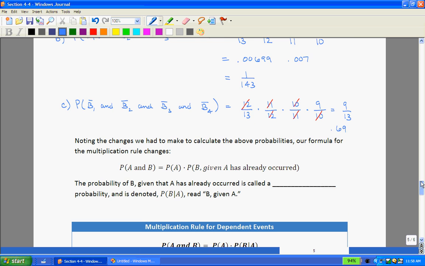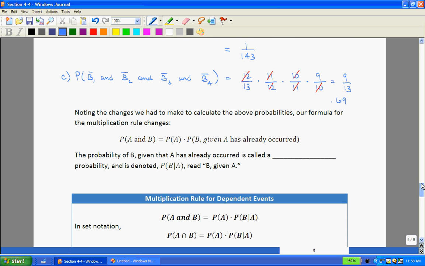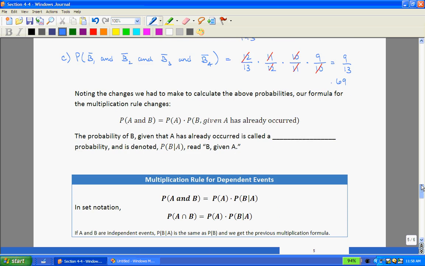Okay, so noting the changes we had to make to calculate the above probabilities, our formula for the multiplication rule changes slightly. We still have this probability of A and B, and we're still going to multiply by probability of A, but probability of B gets a little extra here. We do take the probability of B, but we have to pay attention to, given the fact that A has already occurred.